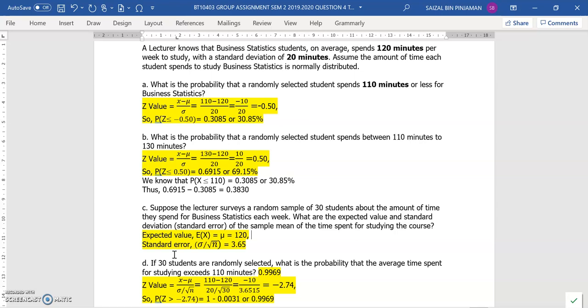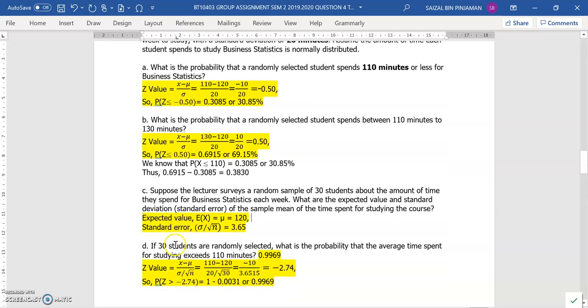In other words, we divide the standard deviation by the square root of the sample size to obtain the standard error. This standard error is the standard deviation of a normal distribution based on a sample.